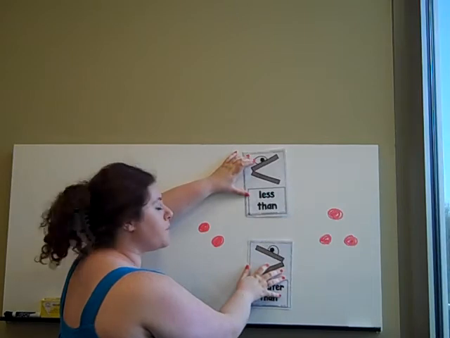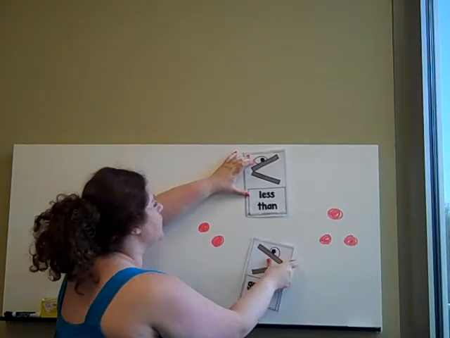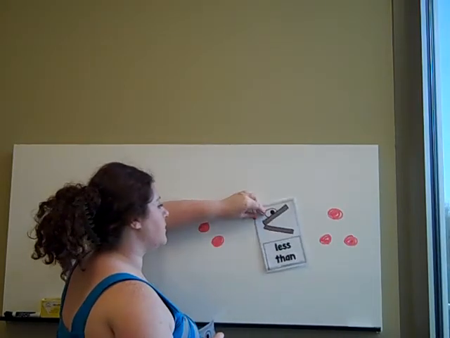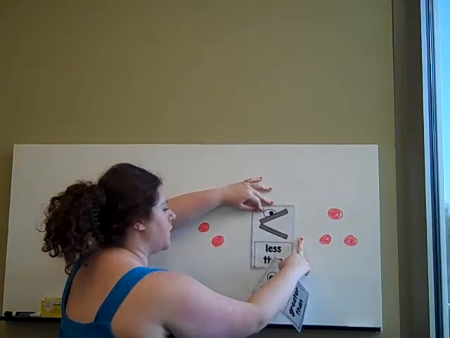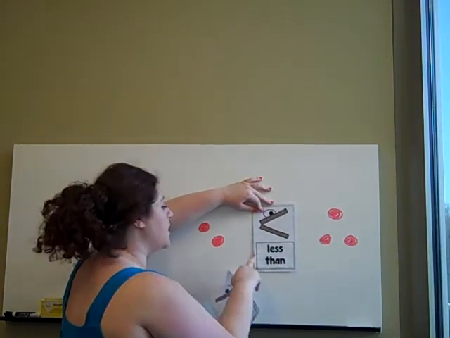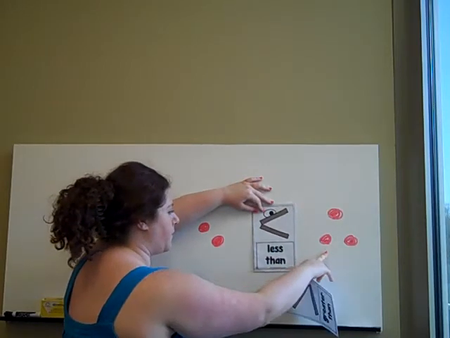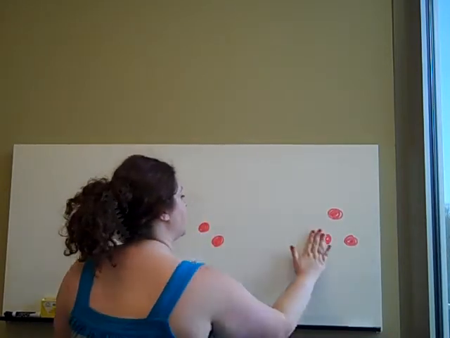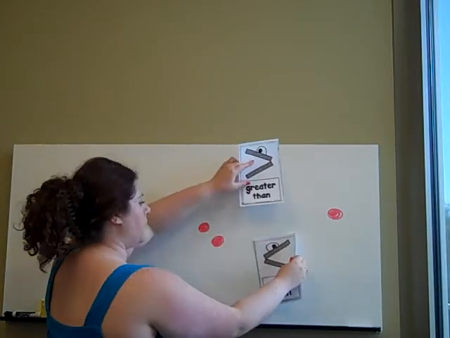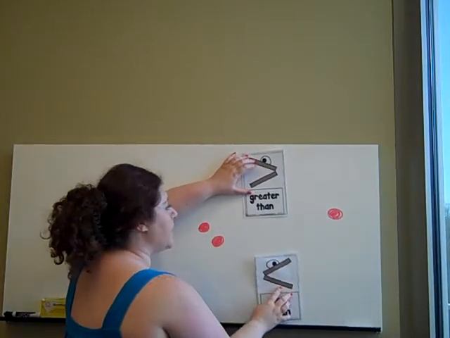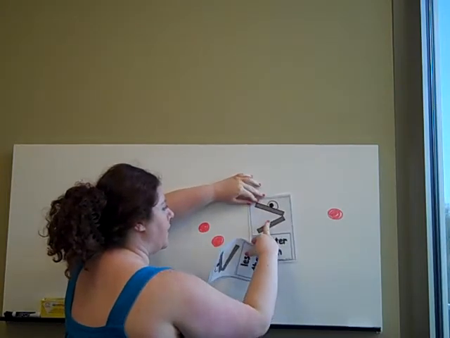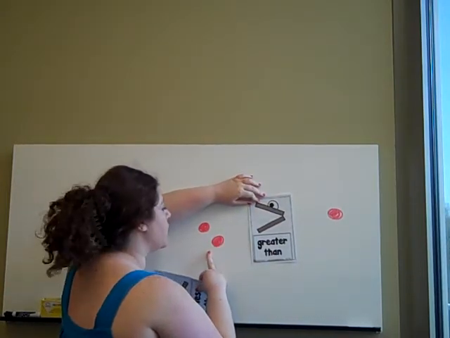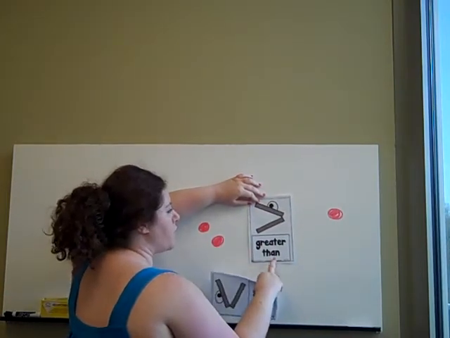I personally would much rather have the 3. So I will have this go here, because the alligator wants to eat 3 of them. So we're saying 2 is less than 3. If it was like this, I'd much rather have 2 than 1, so the alligator wants to eat 2. That means 2 is greater than 1.